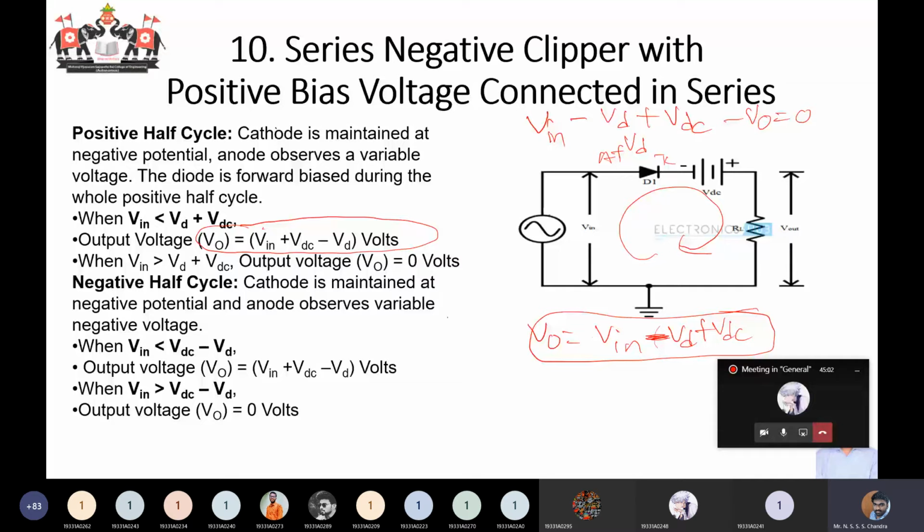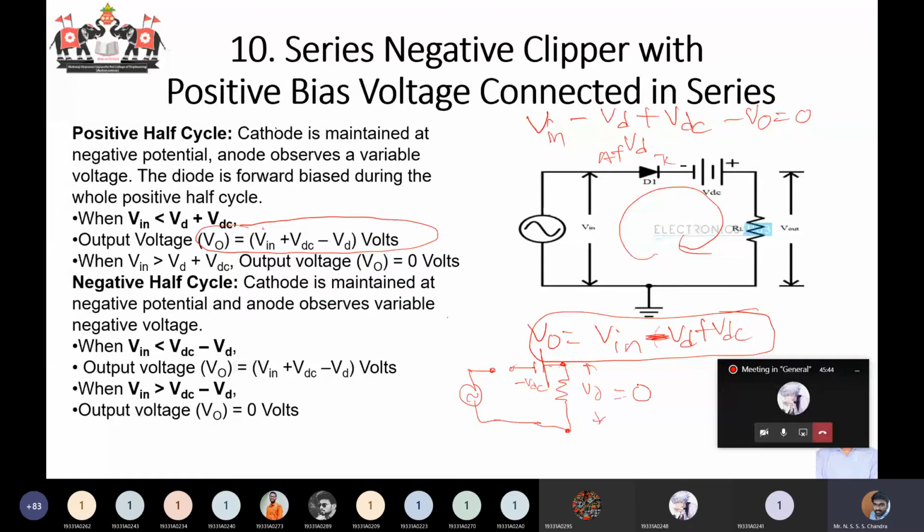When the diode is not conducting in this particular configuration, you have minus VDC, right? So what will be your output voltage? Because this terminal is not connected, whether you keep it here or not, it will not have any impact on the output terminals.